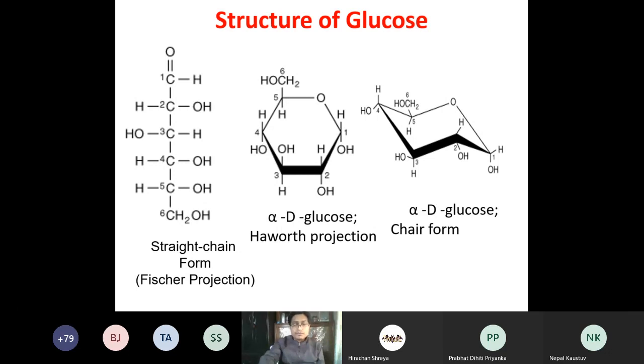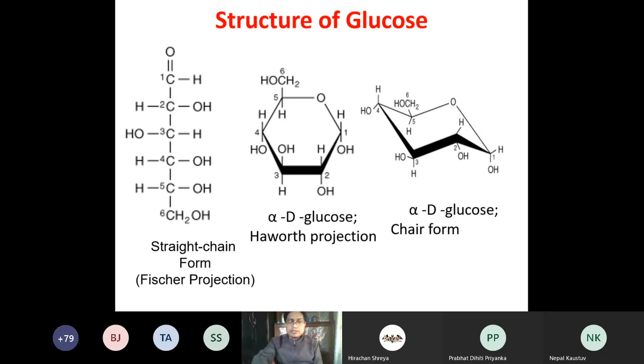We don't go into the chair form. Now we assume this is the real structure, but actually it is not. For simplicity, we assume all 6 sides equal as the real structure. This is the Fischer projection, and this is the Haworth projection. However, in the Haworth projection also, the glucose molecule does not exist with all equal sides.